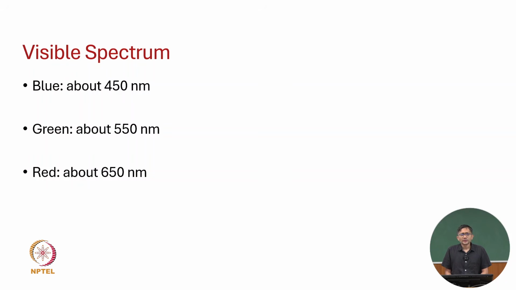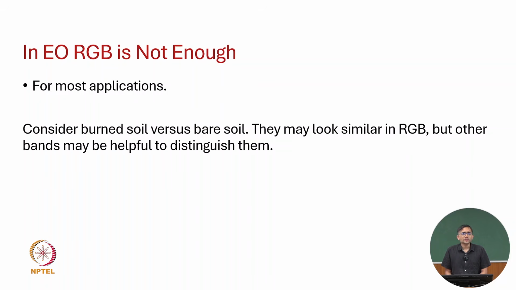We know most of us are aware of the visible spectrum, where we have the red, the green, and the blue color with their associated wavelength. However, in most Earth observation applications, mere RGB is not enough.